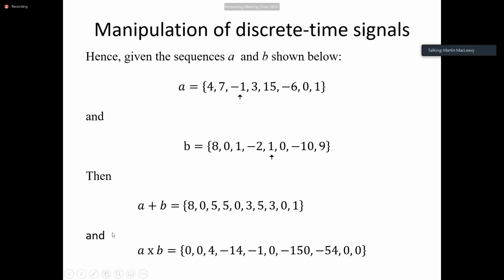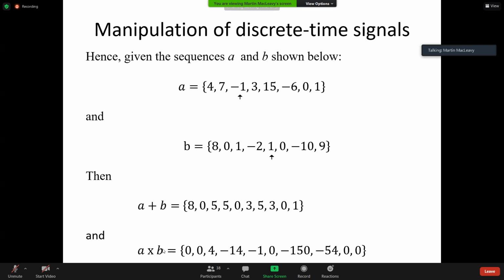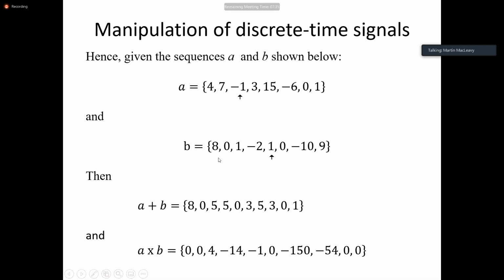For our multiplication then, we're going to be multiplying A times B, and again, the first term in here is for n equal minus 1, minus 2, minus 3, minus 4. So it is our minus 4th term, right? Here our minus 4th term will be 0, and therefore 8 times 0 is going to give us 0.